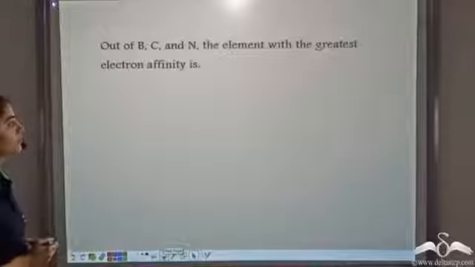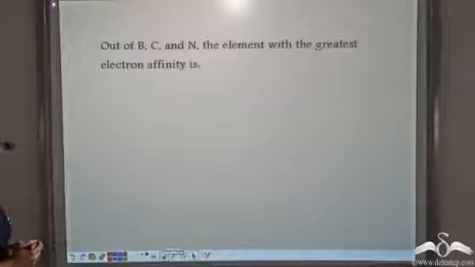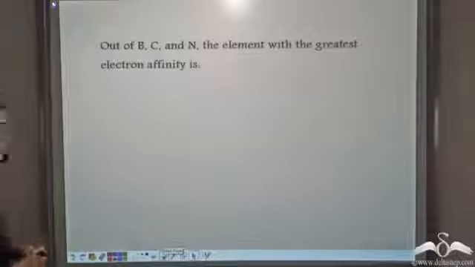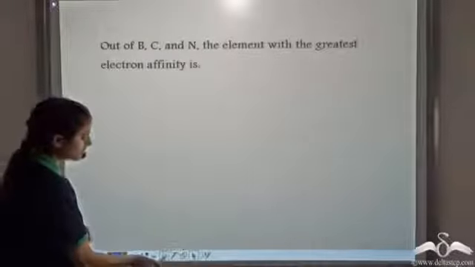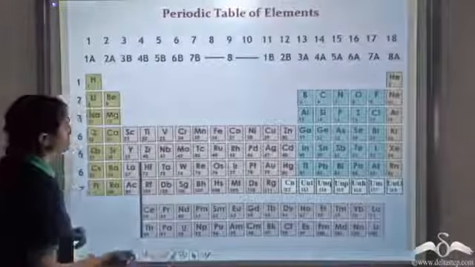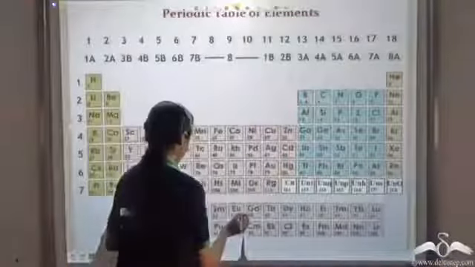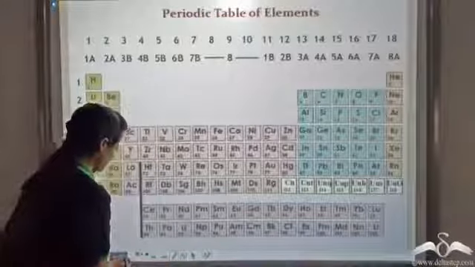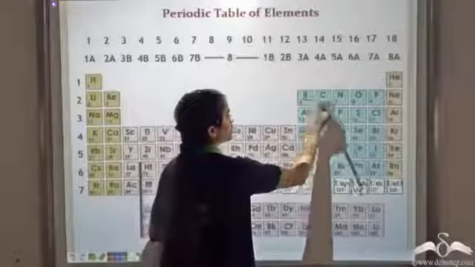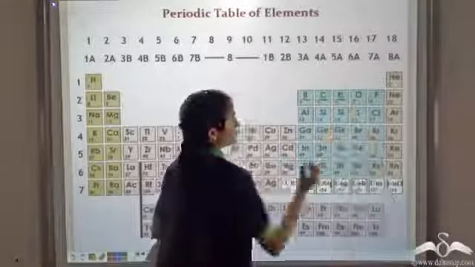So we have three elements: boron, carbon, and nitrogen. Which of the three has the greatest electron affinity? Let's locate them in the periodic table. So we have boron, carbon, and nitrogen.